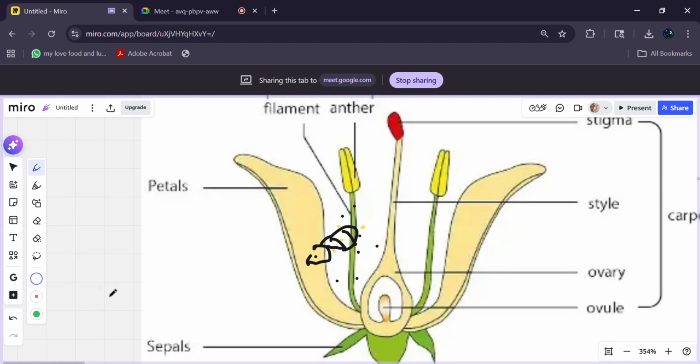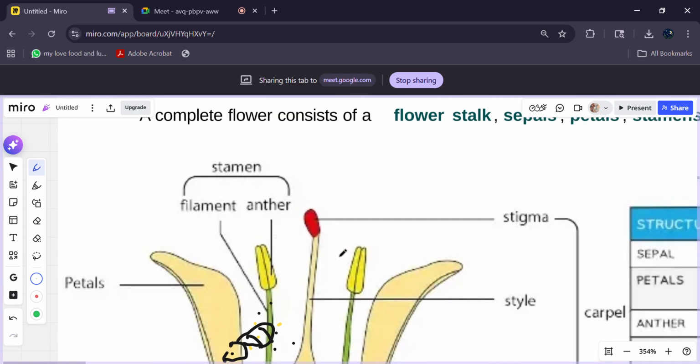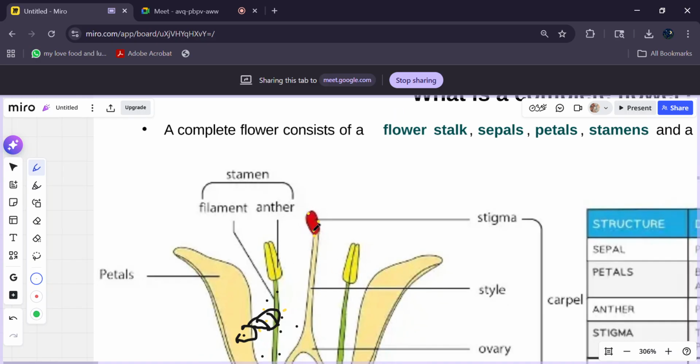Then when the insect moves to another plant, the stigma collects these pollen grains from the insect, and the pollen grains consist of the male gametes. Once it receives the pollen grains, the mature stigma secretes a sugary fluid that stimulates the pollen grains to germinate.